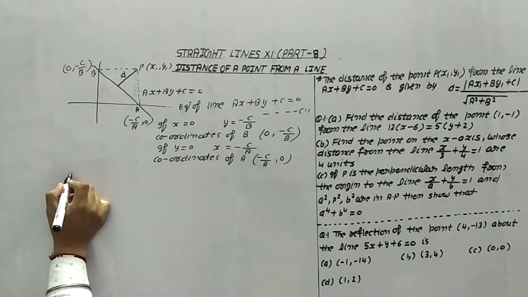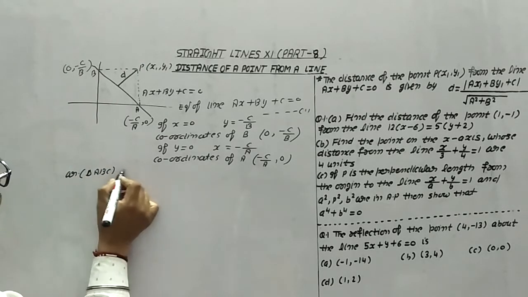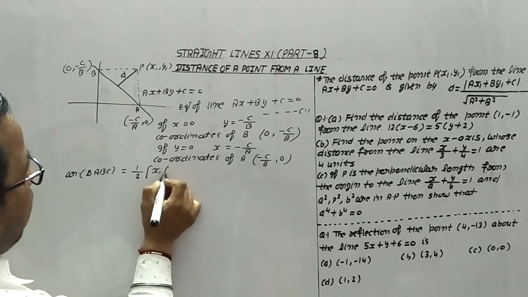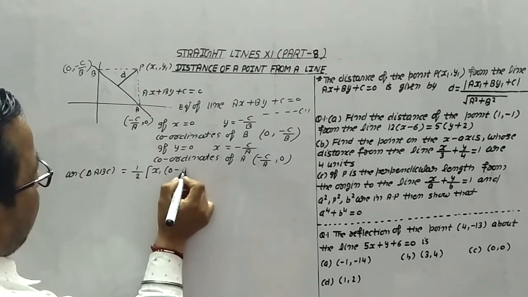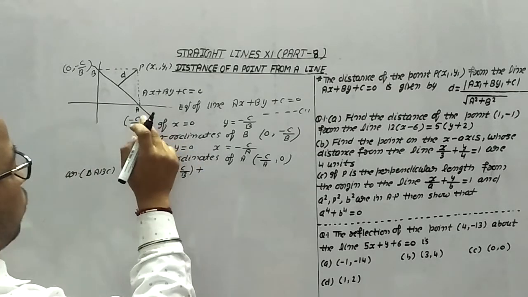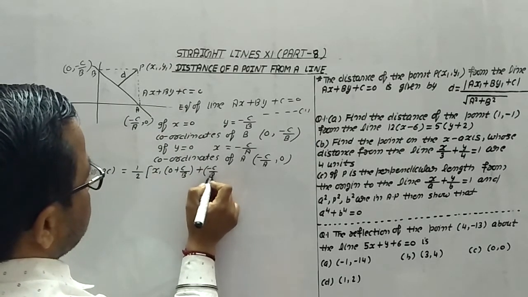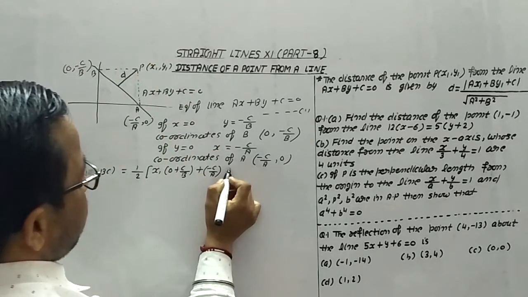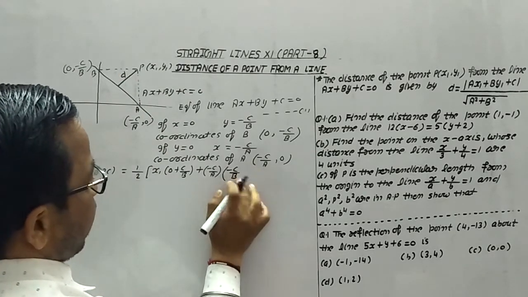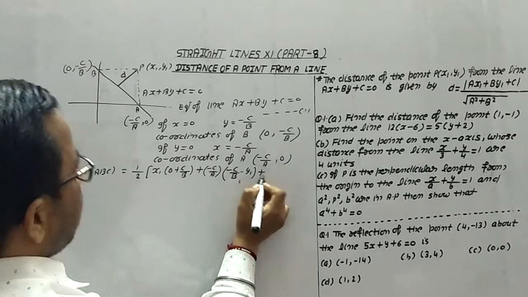So for this, first of all, area of triangle ABP by the concept of half x1 times (y2 minus y3) and so on. This is x1, y1 minus y2, it means 0 minus (minus c upon b), plus x2, x2 means minus c upon a, then y2 minus y3, it means minus c upon b minus y1, plus x3.